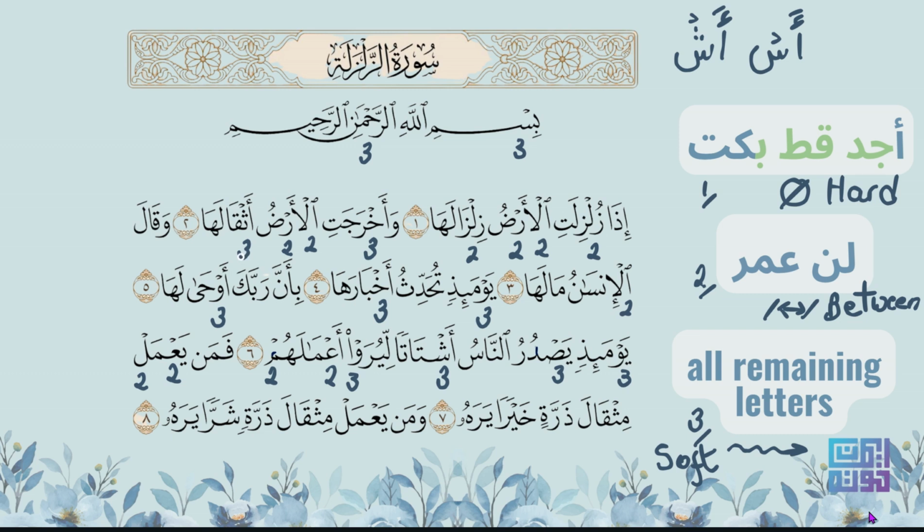We took it here in ayah number 2, athqaalaha. So this belongs to the third group. So we say mithqaal, mithqaal. And again we have a ya, and the ya also runs. Third group, it has rakhawa.